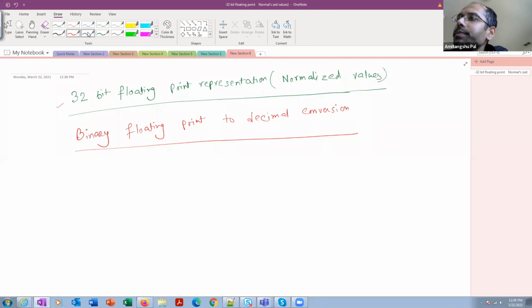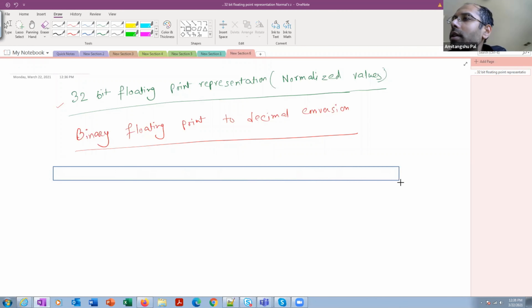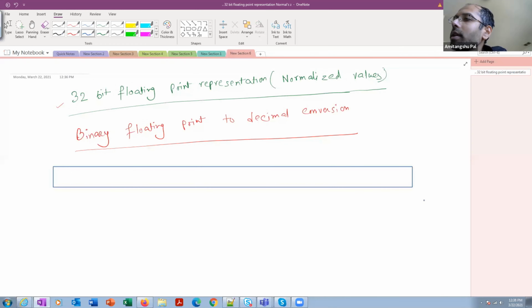Okay, so first you need to understand the different fields corresponding to this floating point number. Okay, suppose this is 32 bits. So among these 32 bits, the first bit is the sign bit, which is 0 for positive numbers and 1 for negative numbers. Okay.